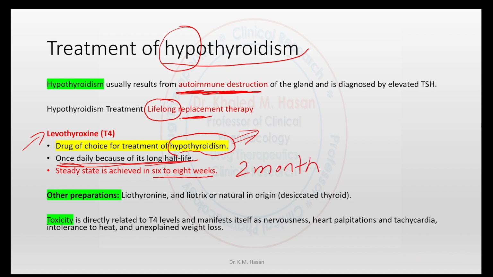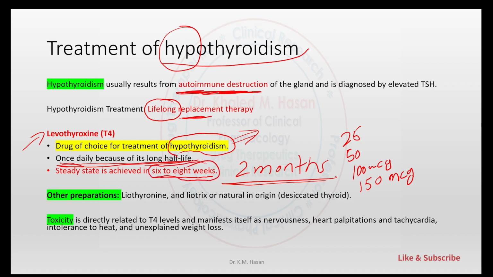So when you see the patient in the clinic and you prescribe levothyroxine, like 25 microgram, 50 microgram, 100 microgram, or 150, depending on the patient case and severity of the hypothyroidism, you need to tell the patient to come back to the clinic after 2 months to measure again, to do blood tests for TSH and T4.